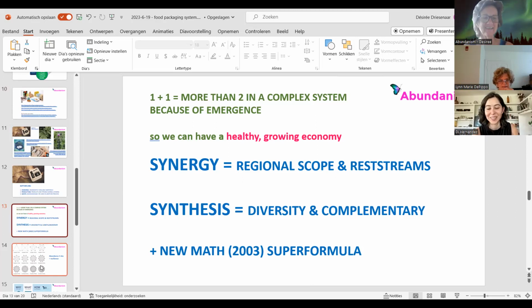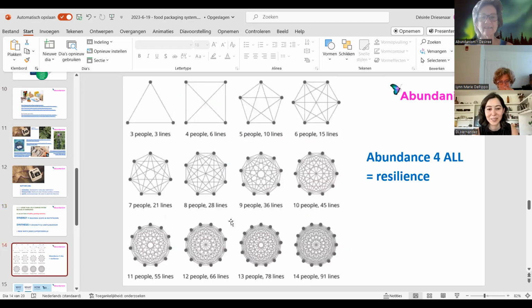I'm now again trying to explain a little bit about how systems work, because if you have, for instance, a lot of different connections, it's way more resilient. So this can be used in many ways.